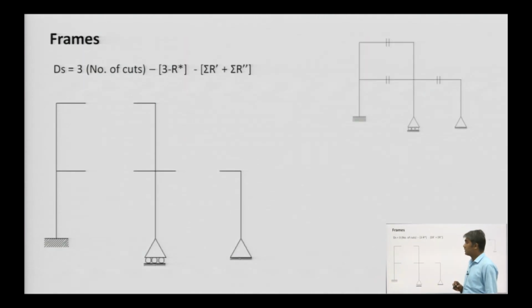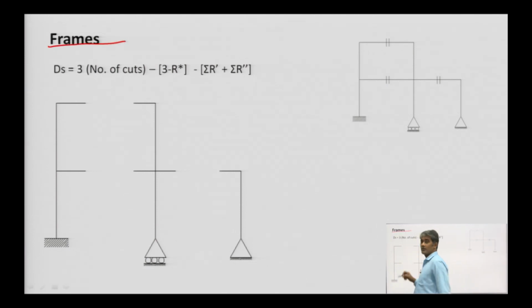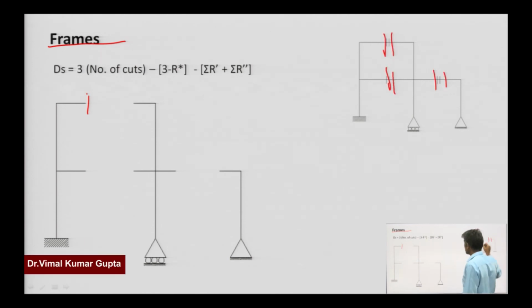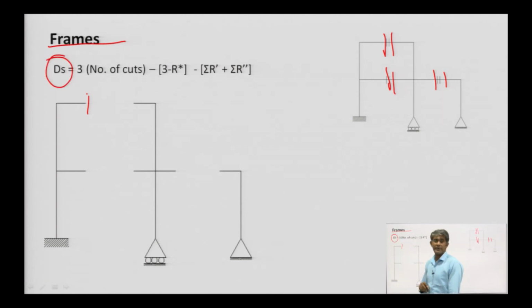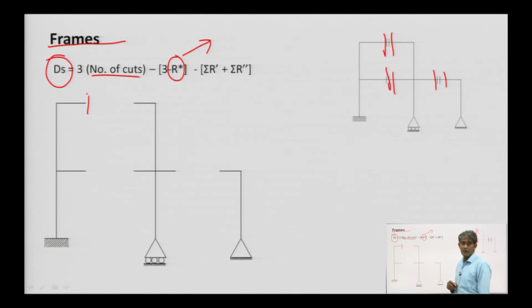In case of frame, you can apply 3 cuts to make this type of structure, and the total static indeterminacy will be 3 times the number of cuts applied in the frame minus 3 minus r dash, where r dash is the additional release, minus sum of r dash plus sum of r double dash.